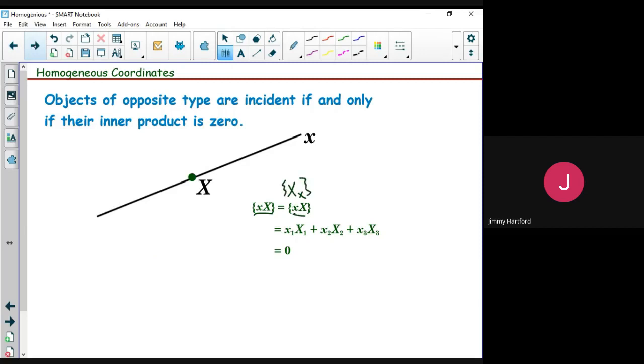The inner product, the dot product, is the same dot product we learned from linear algebra. And if that equals zero, then we can say that this point and this line are incident.